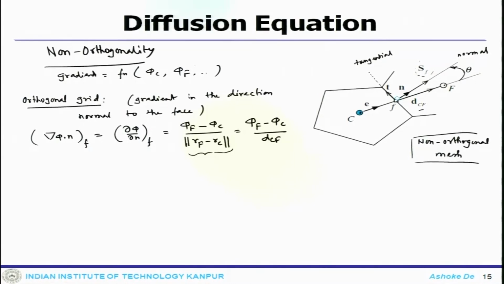So, why can we write that? We can write it here because CF and n are aligned, where n is the unit normal vector to the face F. So, Cf and n are aligned.